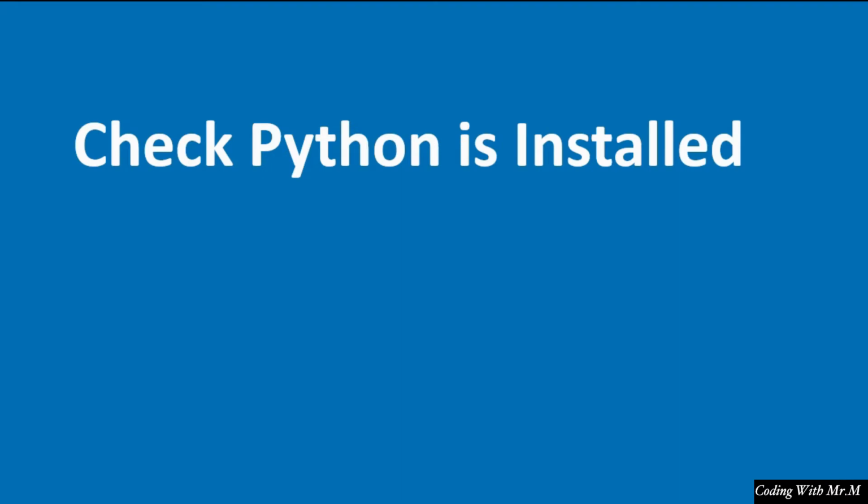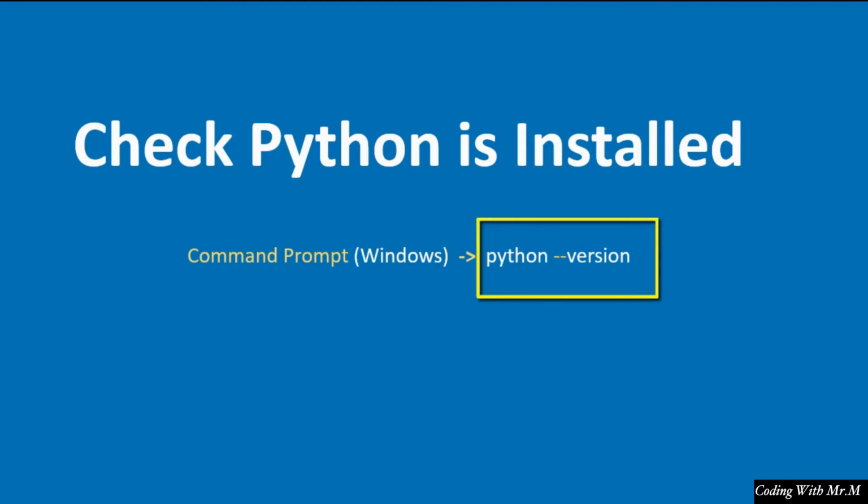Once you have installed Python, you can check if it's definitely installed on your system. If you are using a Windows-based computer, on your command prompt, which is a Windows terminal, you type in the command python --version. If that returns the version you have installed, that means you have Python installed correctly.